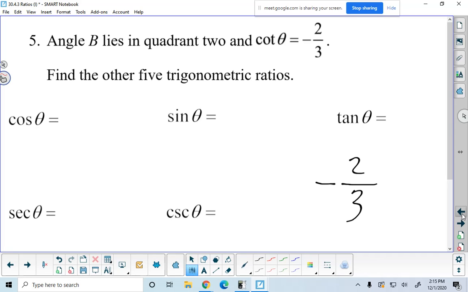Hopefully you say, well, tangent is y over x, which means cotangent is x over y. So x divided by y gives you negative 2/3.